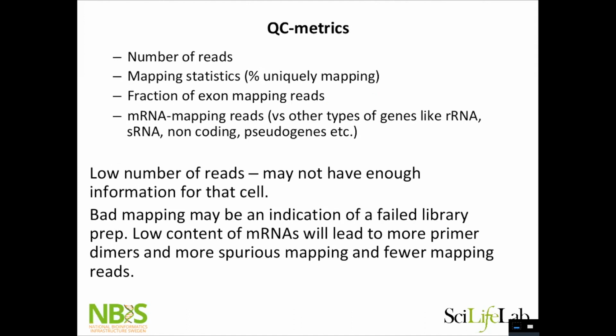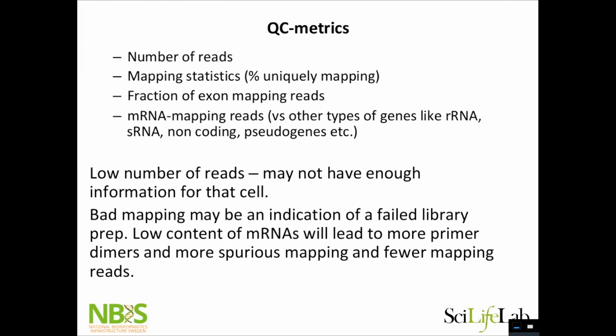Just looking at the mapping. Now when you run Cell Ranger, it's all hidden. You don't get any mapping reports per cell. You only get per sample. So you can't really get to that. If you use other pipelines, you can actually get per barcode how well the mapping went for each barcode. Because in some samples, you will have more primer dimers just due to a low amount of RNA or other problems in the library prep.